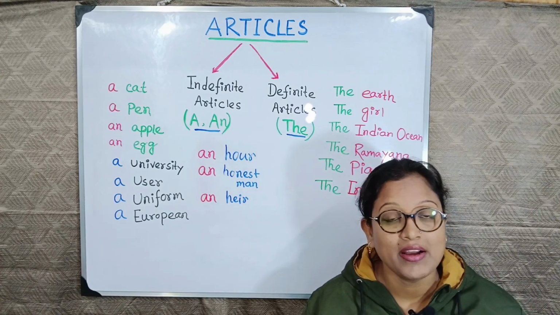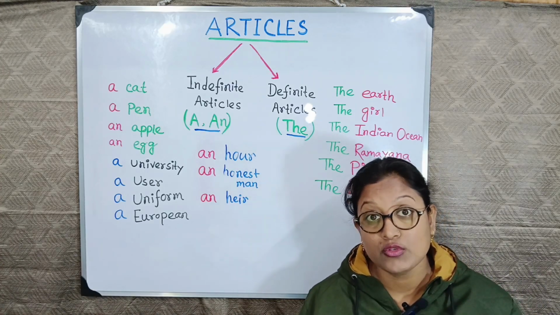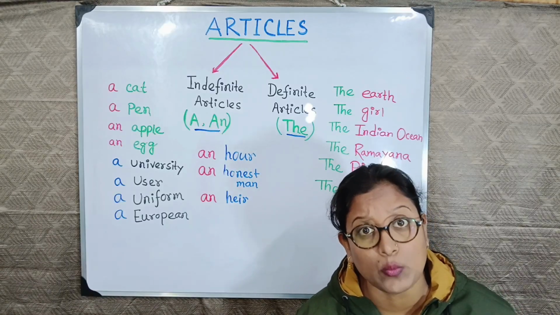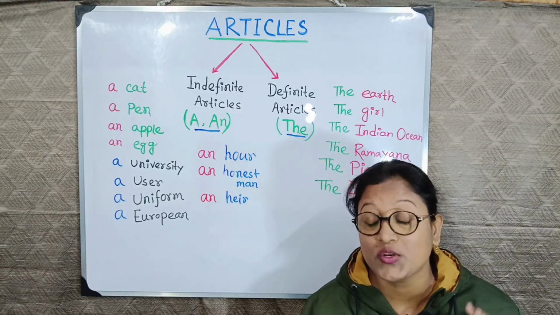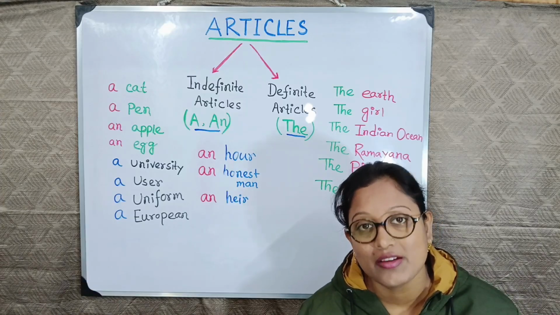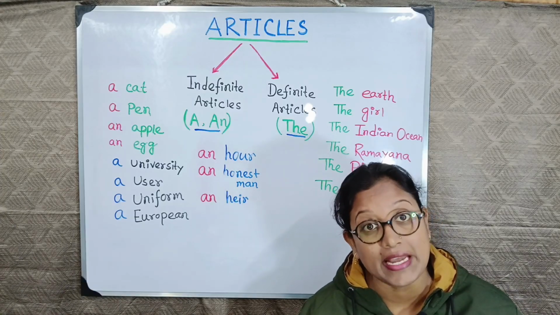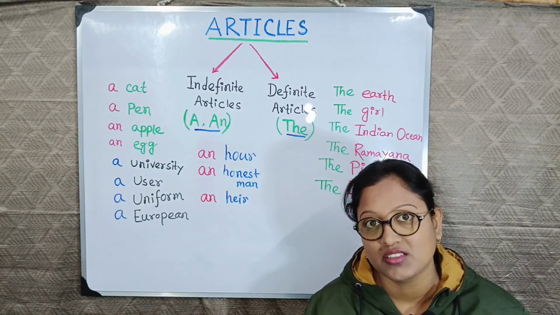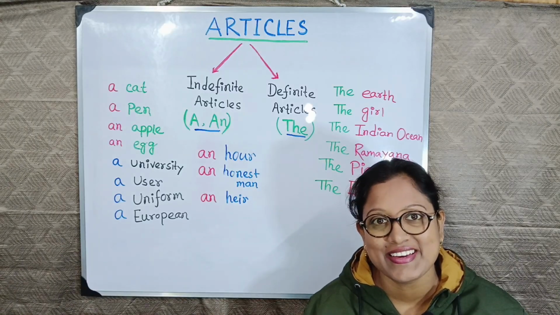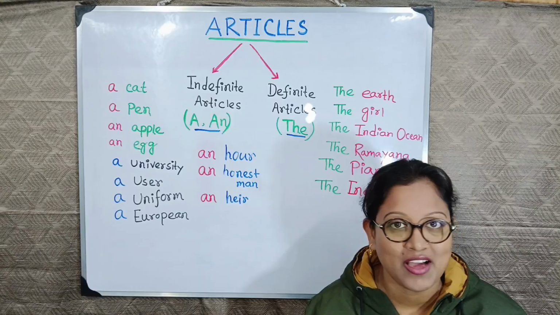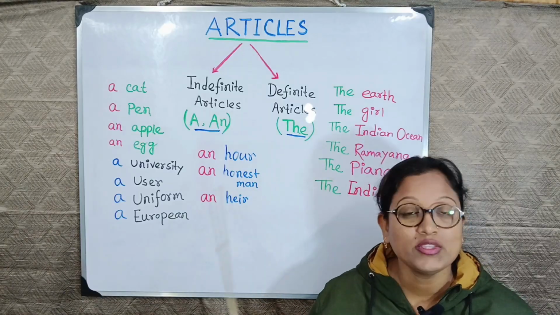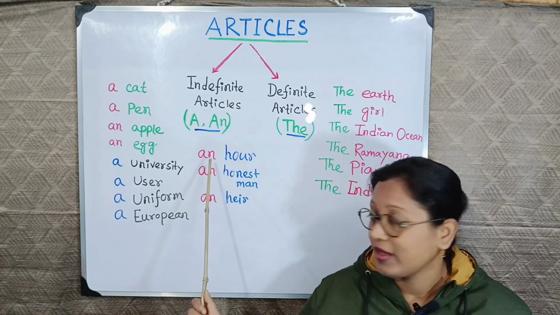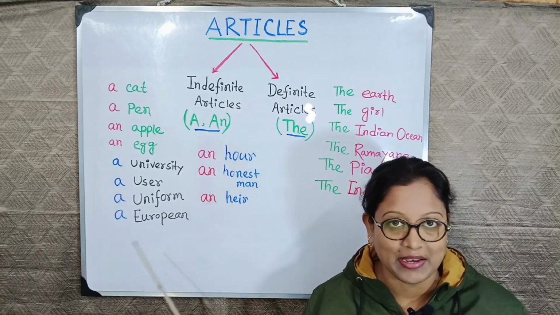So you have to remember, we will use an when the word is starting with a consonant letter, but it is creating a vowel sound, with a silent h, like honest. There we will use an.